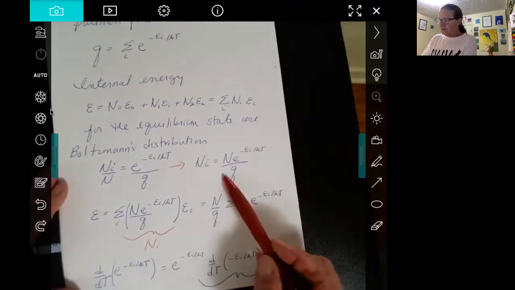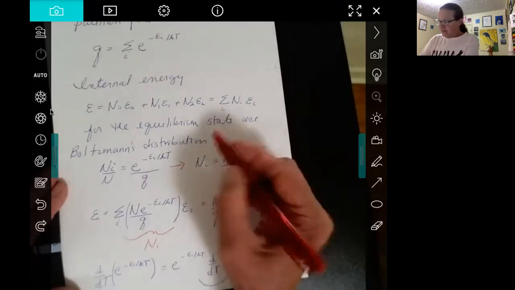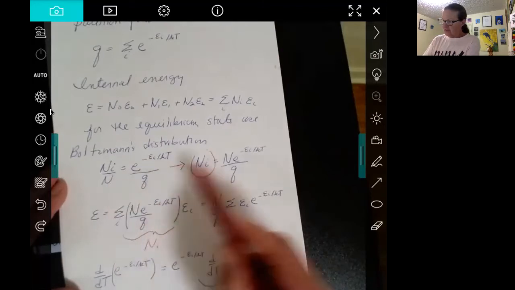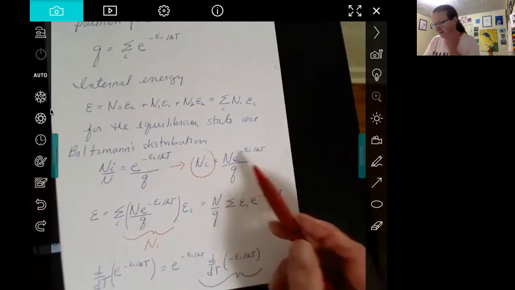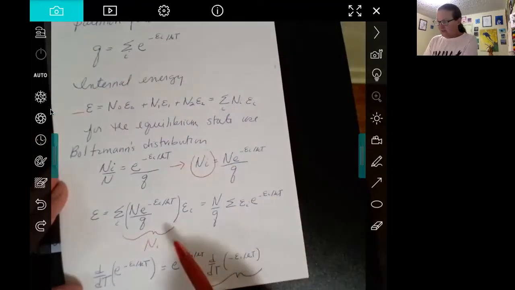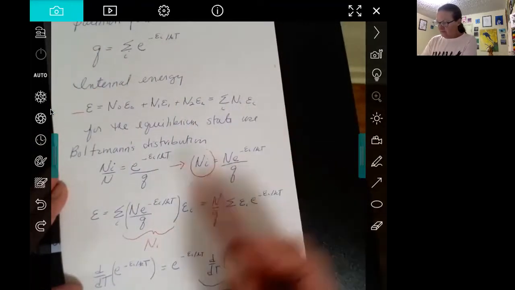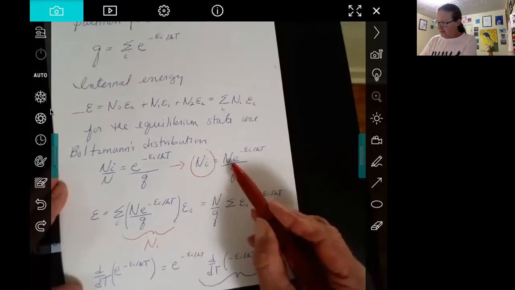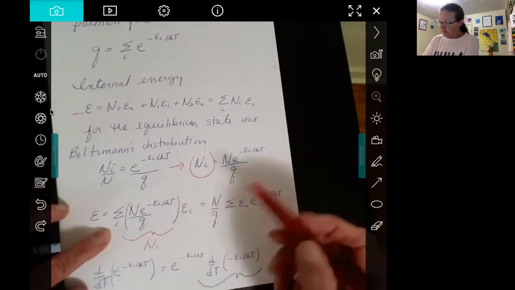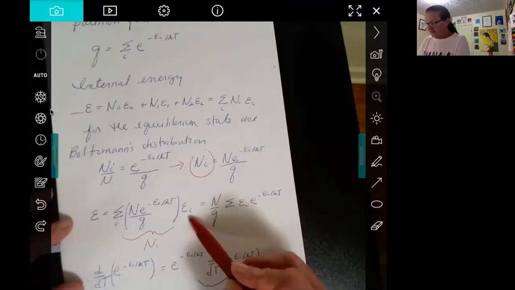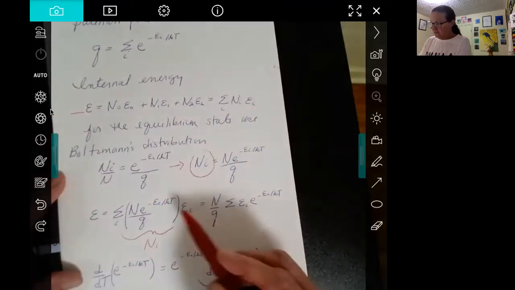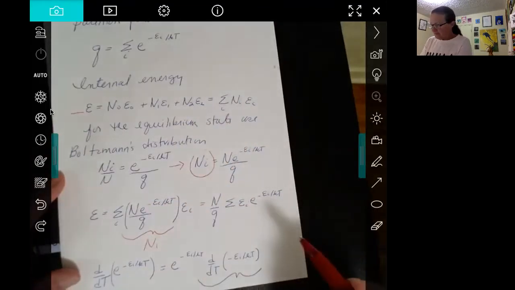So we can rearrange that Boltzmann's distribution and solve for N_i. Essentially just take the number of molecules over to the right-hand side. Then we can go back to our expression up here, and every place you see N_i, which is only once, you can put in N e to the minus epsilon i over kT over Q. And then this is still here because that's the E_i. So N_i times E_i.